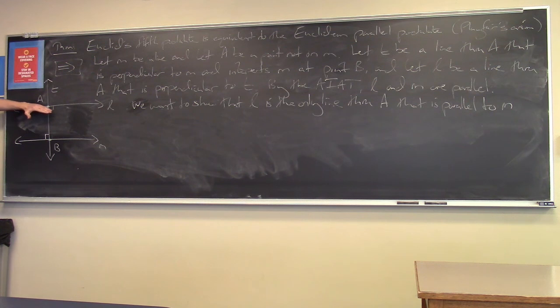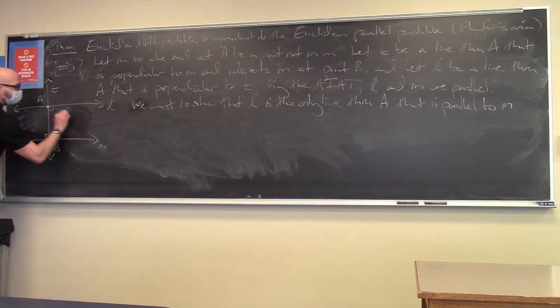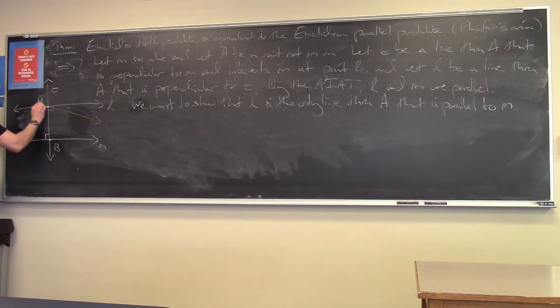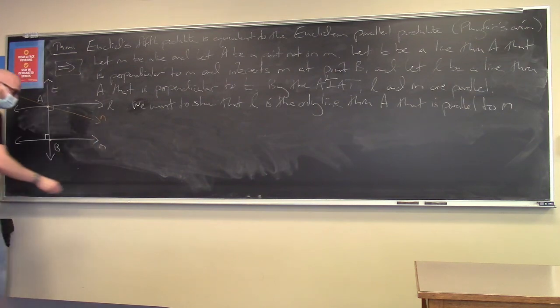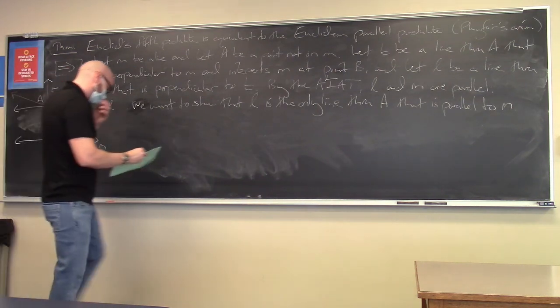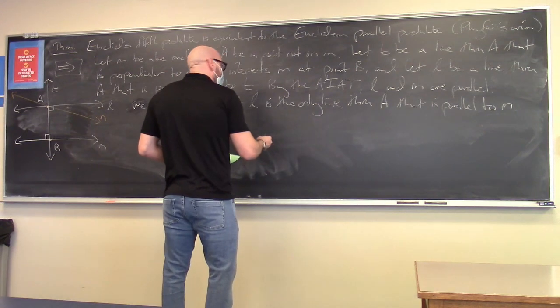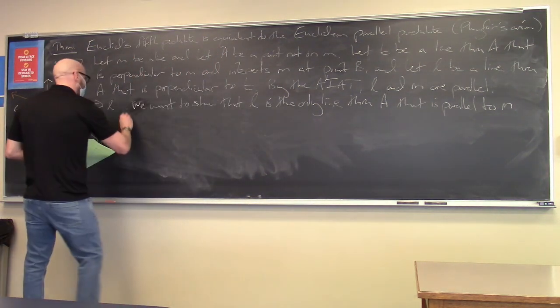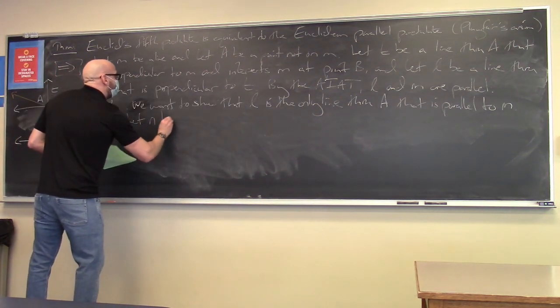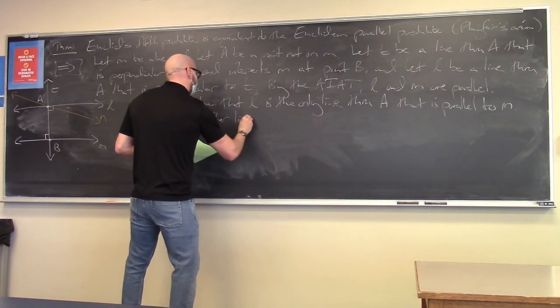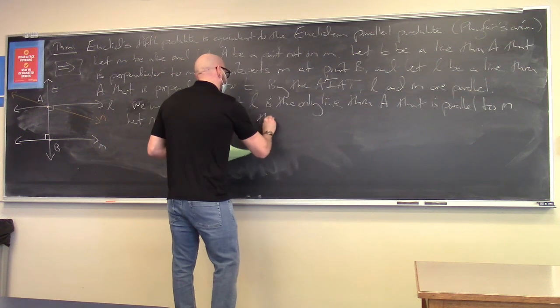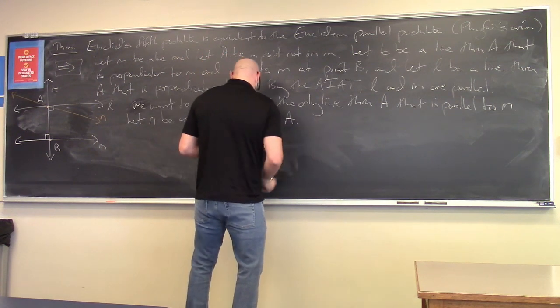Let's just take any other line through A and show it can't be parallel to M. And let's call this line N. All right, so let N be any other line through A.